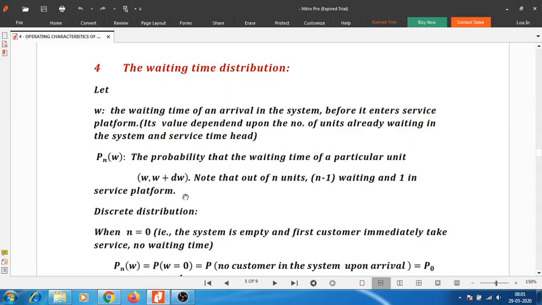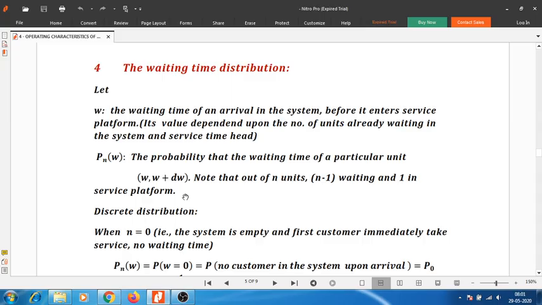How much time is he waiting? Is it exactly determined? No, there is uncertainty. Whenever there is an uncertainty component, there will be a theory of probability. So this waiting time of a customer is always random in nature, so it has some probability distribution. That probability distribution is called the waiting time distribution.